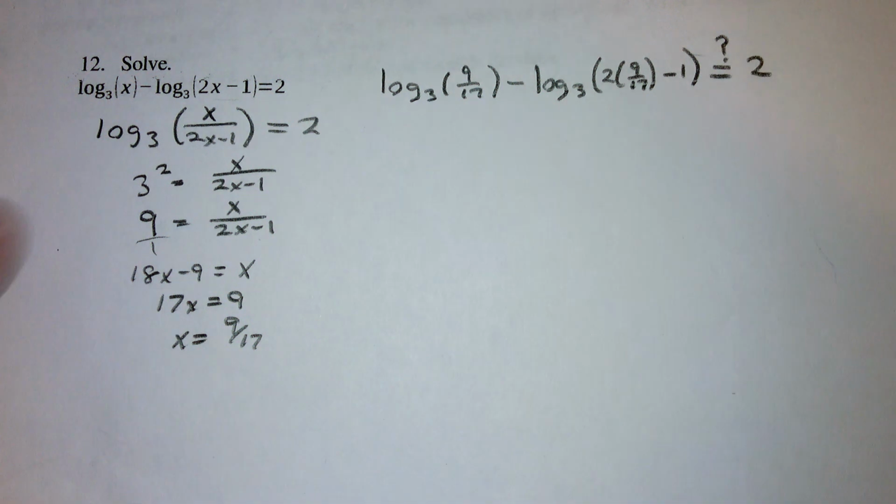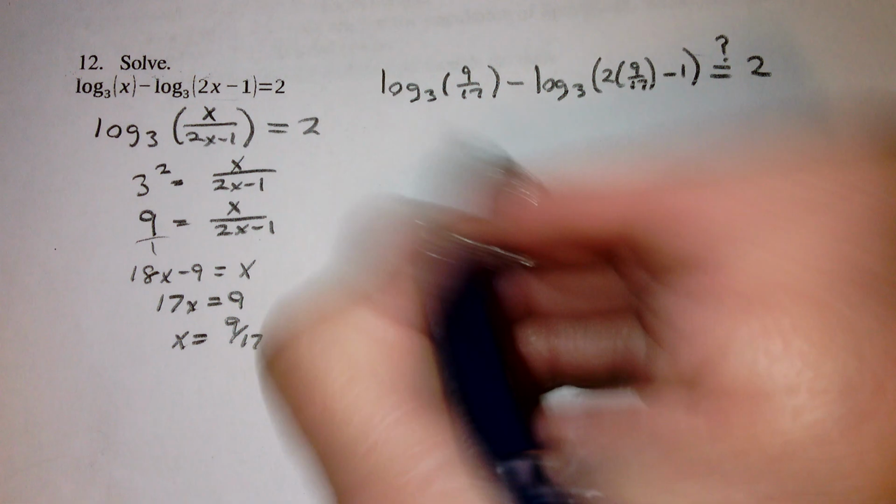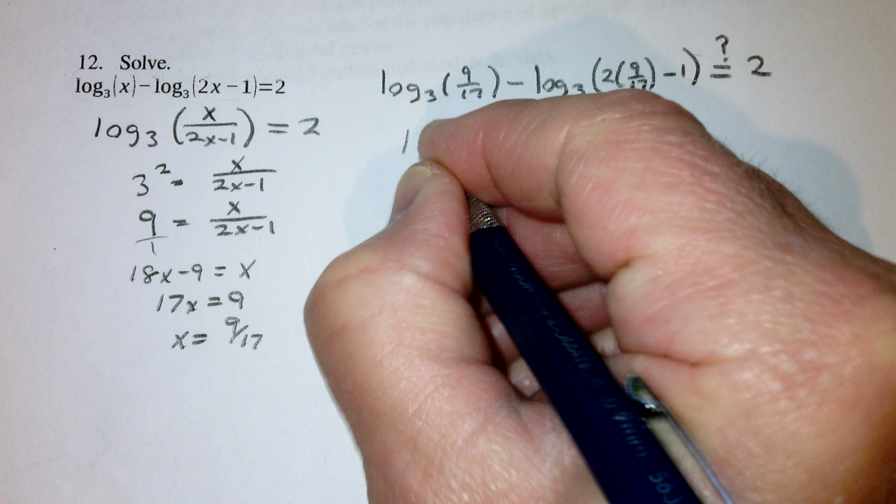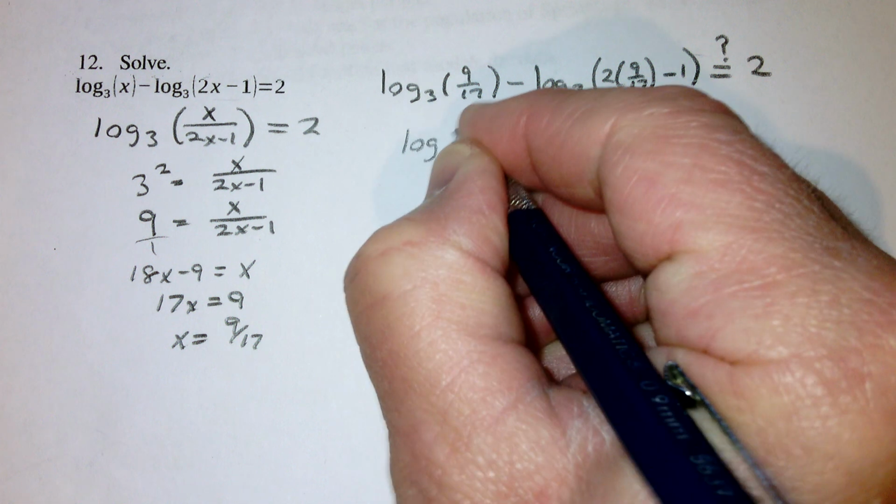If it does, then you just got all these points, whatever they're worth. I would do this on a calculator, and to do that on a calculator, you need to change the base. So you would use the common log.